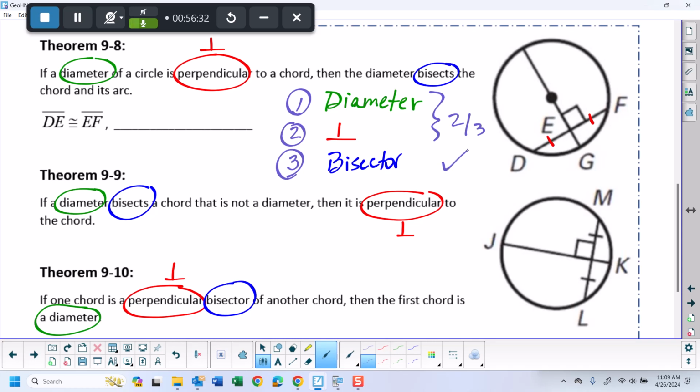So pick any two of those three. Diameter, perpendicular, then it's a bisector. Perpendicular bisector, then it's a diameter. Bisector, diameter, it's perpendicular. So whichever two you pick, you've got the third. Are you okay with that?